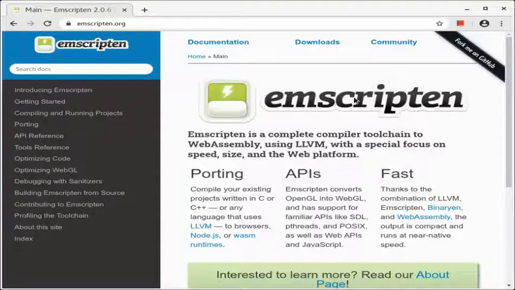There's also Emscripten, one of the most popular compilers targeting WebAssembly, which doesn't use the WebAssembly binary toolkit. It uses its own assemblers and linkers, but they are not as feature-rich.